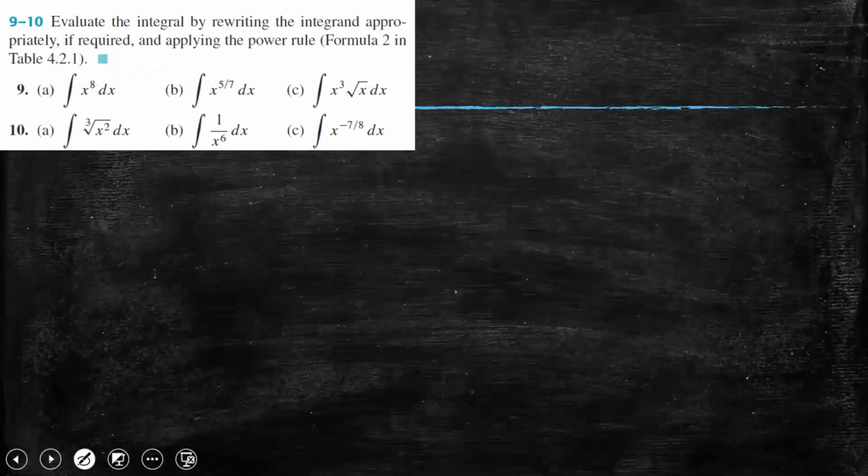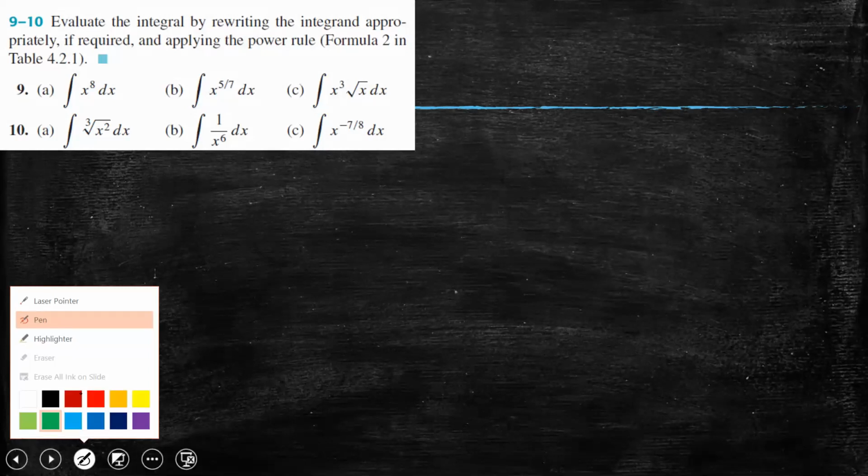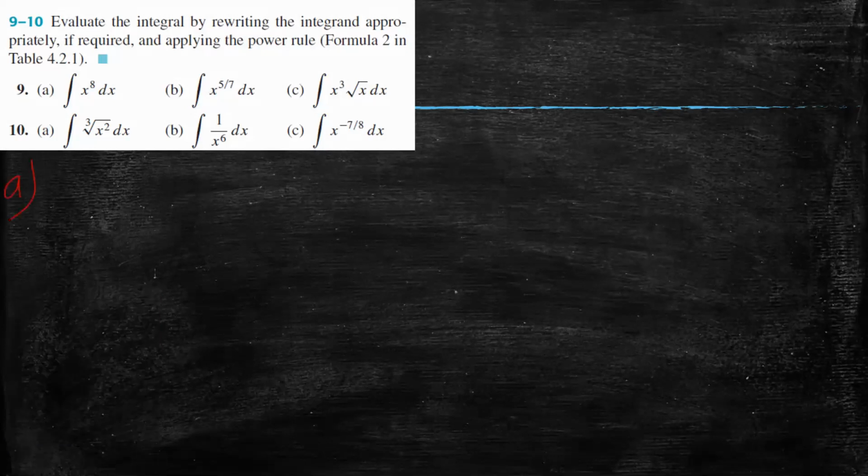Now let's have more examples here. Evaluate the integral by rewriting the integrand appropriately if required and applying the power rule. A: the integration of x to the power 8 dx.